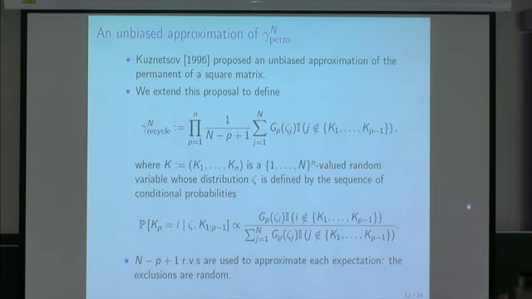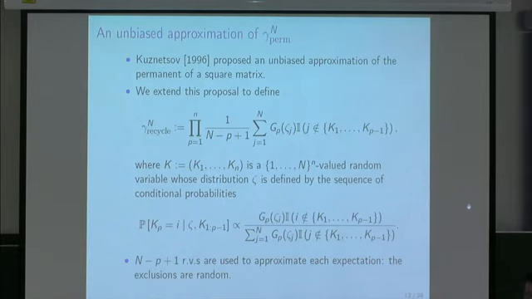There was actually some interesting work, as some of you are already thinking, on better importance sampling estimators for approximating the permanent of a square matrix. That's true, and one of them is by Koo and McCullough.